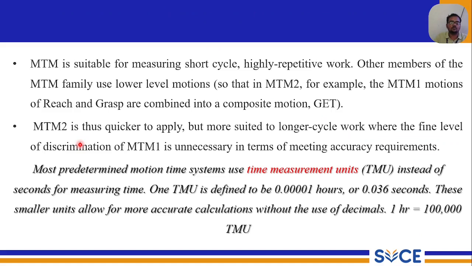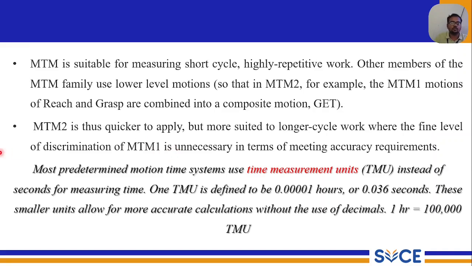There is not much difference between 1 and 2. MTM2 is only an upgraded version of MTM1. It is much quicker to apply because it is more suited to longer work cycles, and it gives you a clearer idea of the shortcomings of MTM1 and how you can overcome them.